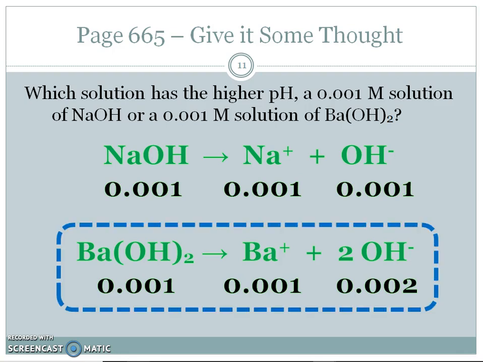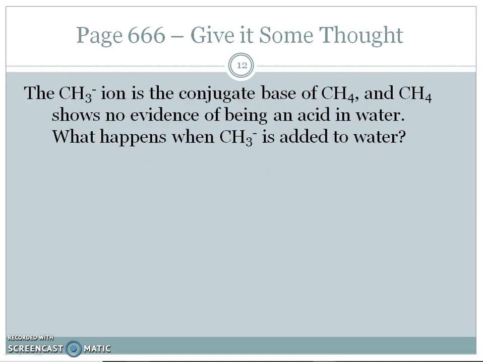It is going to be that one, because it is stronger. So if you have 0.002 OH minus, you're going to have a higher pH because that means you're going to have a lower H plus ion concentration, right? So the higher the pH, the stronger the base. Higher pH, stronger the base. Hopefully you're understanding that.